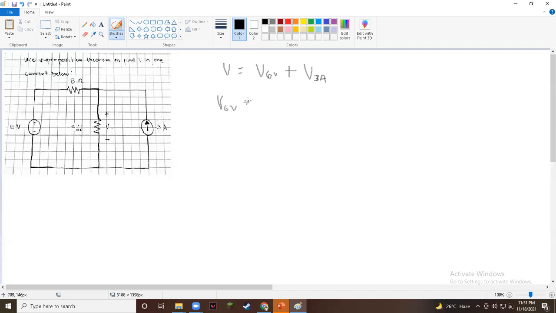In finding voltage due to 6-volt source, pwede natin gamitin ang voltage divider, which ang i-input na natin is, first, dito tayo sa side ng 6 volts. Dito tayo sa side ng 6 volts. Yan, dito tayo. 4 ohms and 8 ohms.